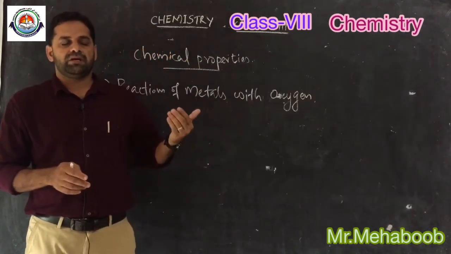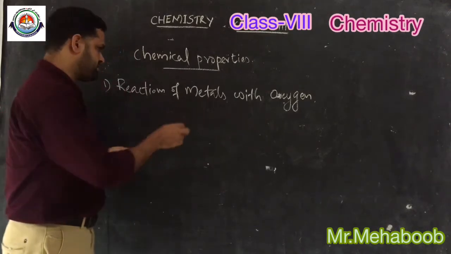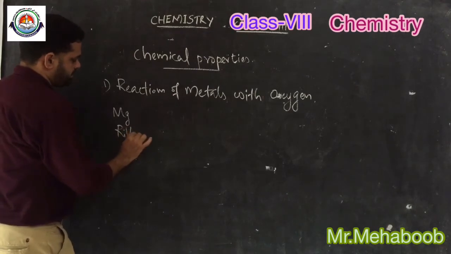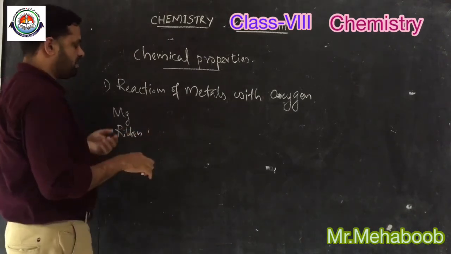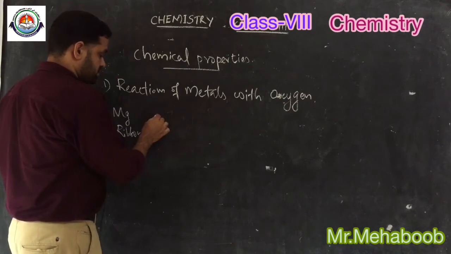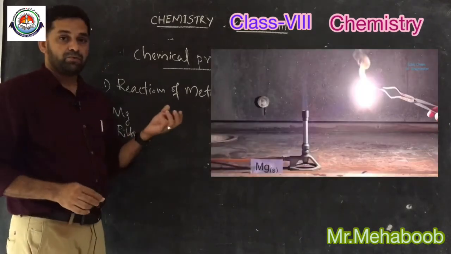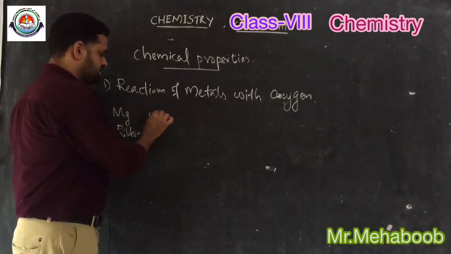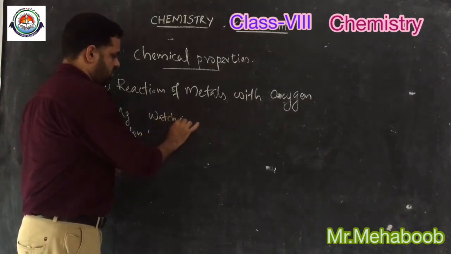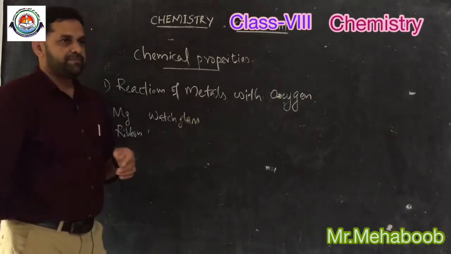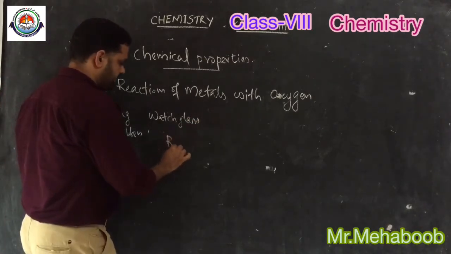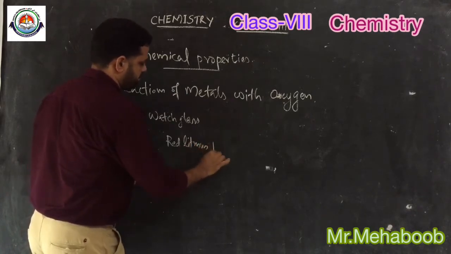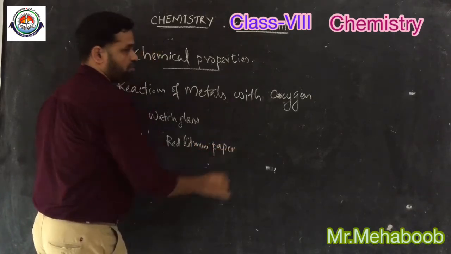For this experiment, we need magnesium ribbon, a Bunsen burner with a flame, a watch glass, red litmus paper, and some amount of water.